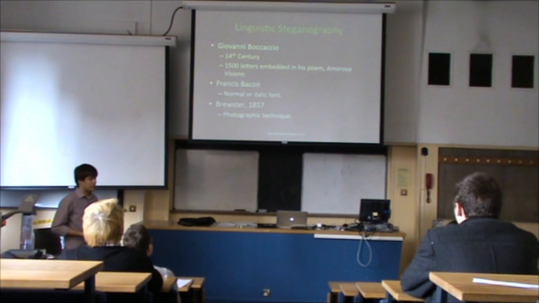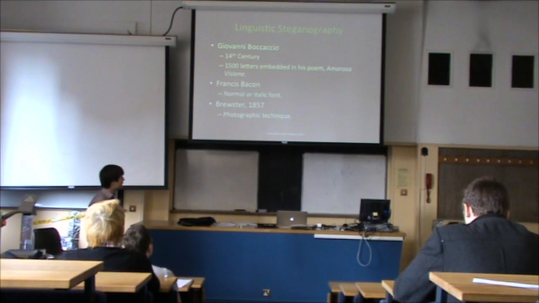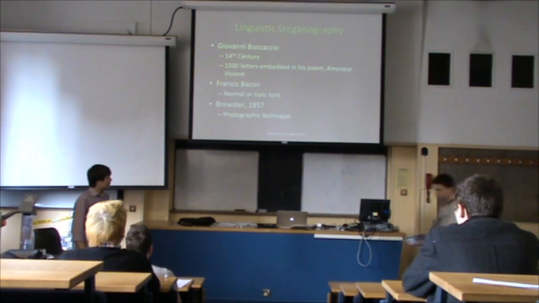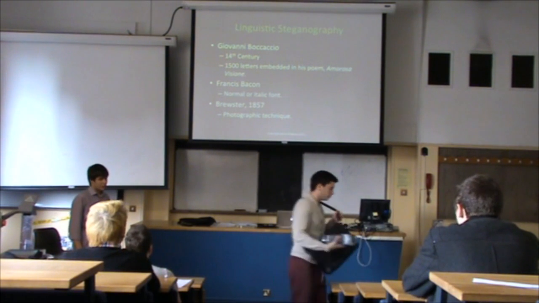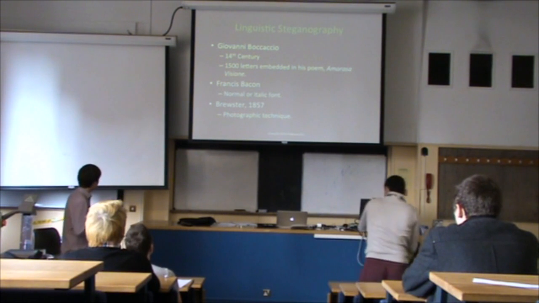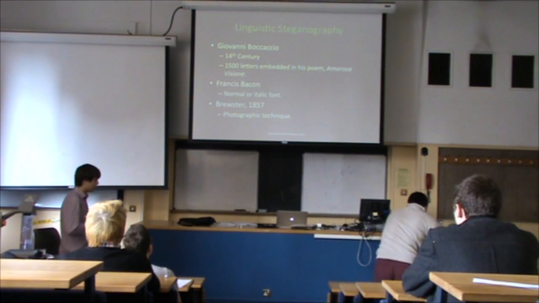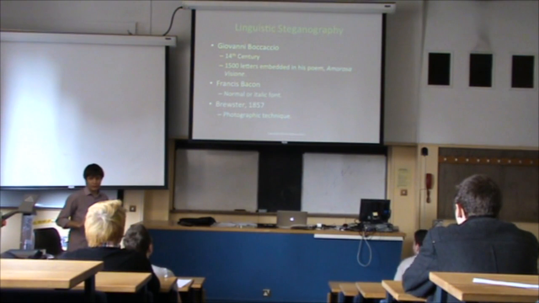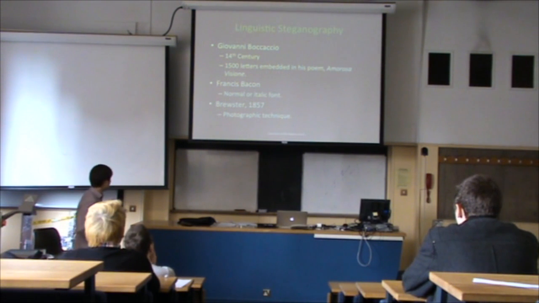The first one is quite a good example because, out of everything that I've read, it's one of the examples that embeds quite a large amount of information for what it is. This person embeds in an acrostic poem 1,500 or so letters, which is quite impressive.